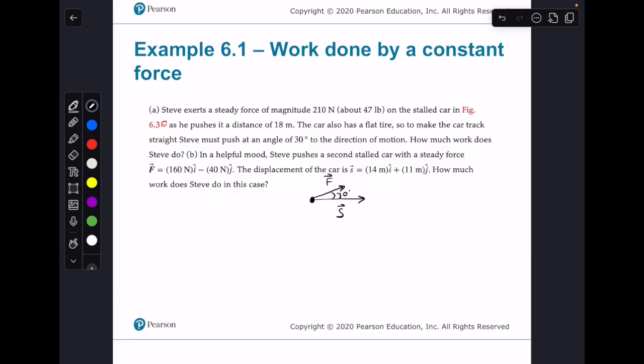That's the picture of what we're looking at. We know that the work is simply the dot product of the displacement and the force, which comes out to be Fs cosine of the angle between those two vectors. Therefore the work is simply 210 newtons times 18 meters times cosine of the angle between those two vectors.